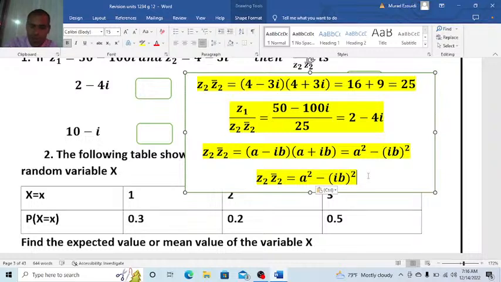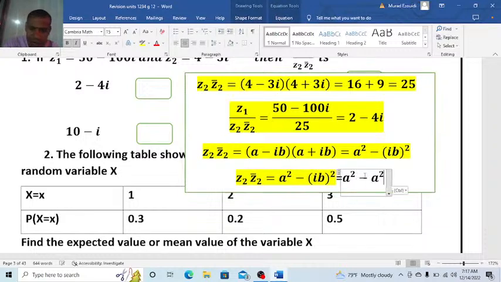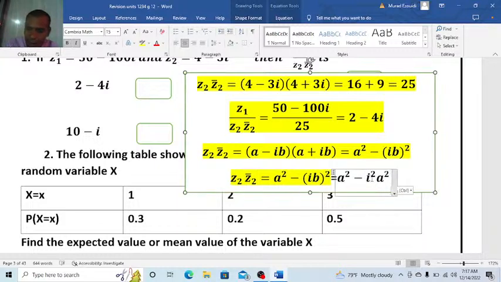So this one should be equal to what, my learners? Equal a squared, minus i squared multiplied by b squared.